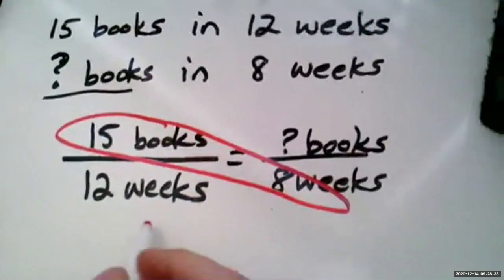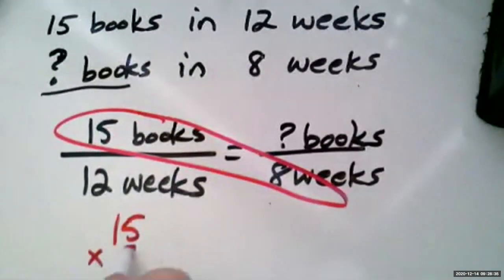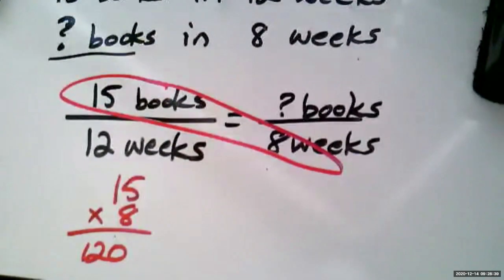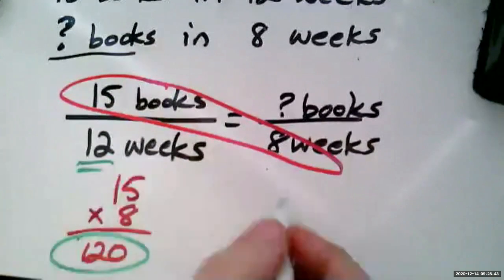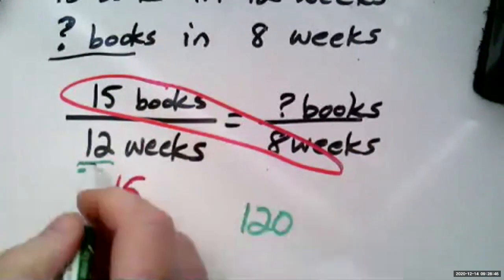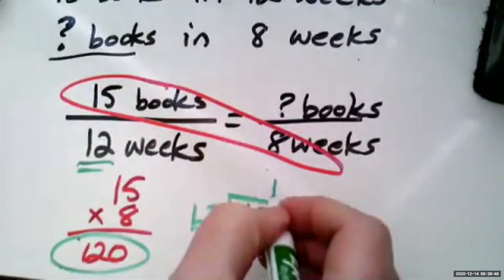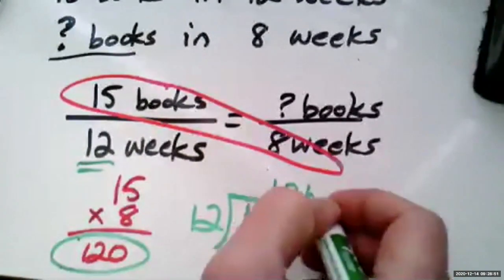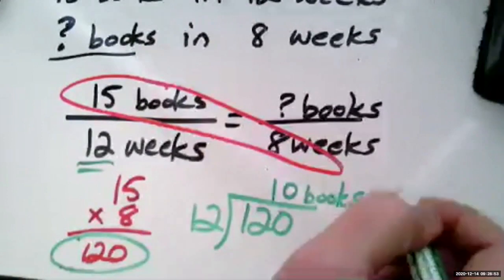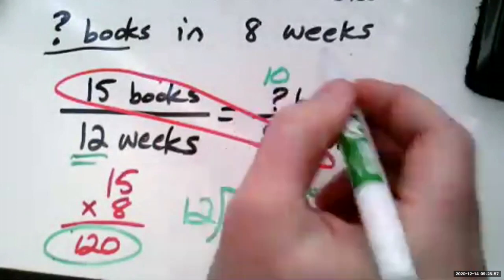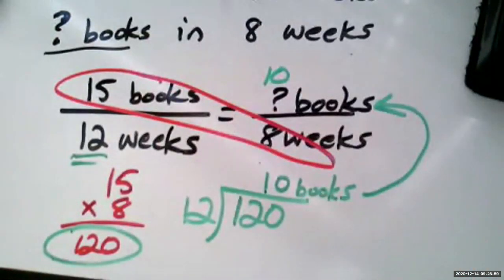And 15 times 8 is 120. And once you get your multiplication answer, you use that to divide by the number that's left over, 12 weeks, by the 12. And once you divide by 12, you would have 10 books. So that goes in the missing number here. So 10 books in 8 weeks is the final answer.